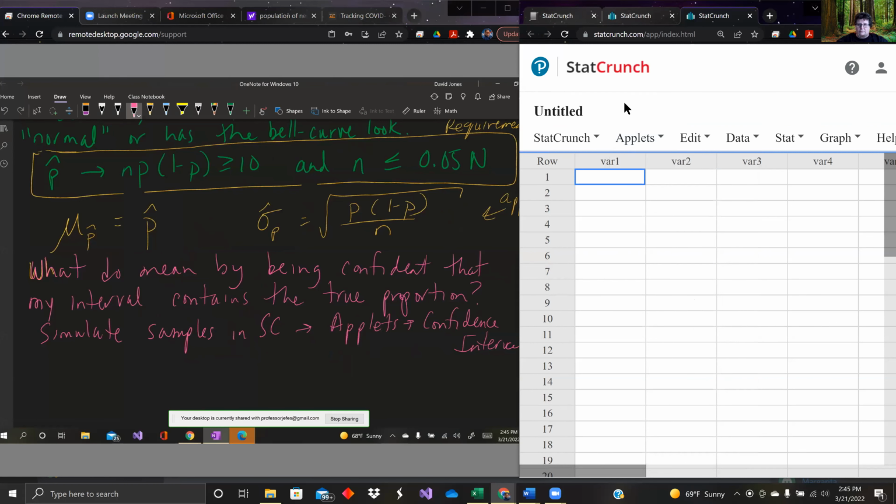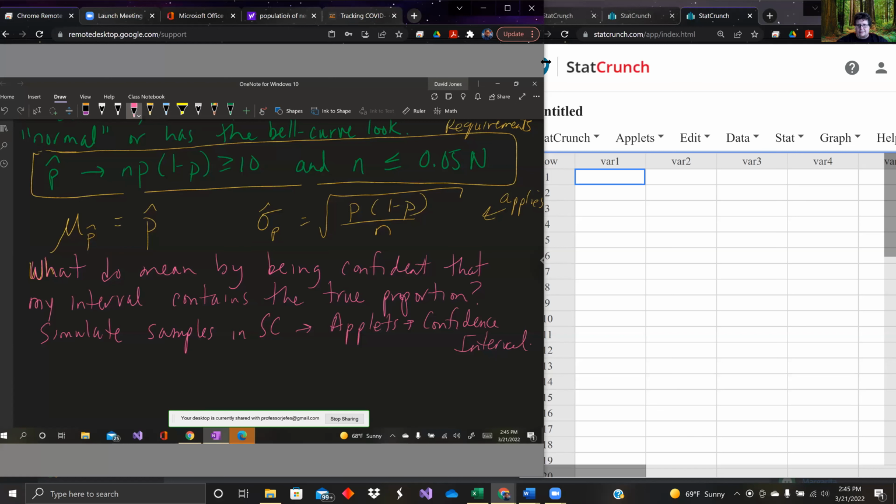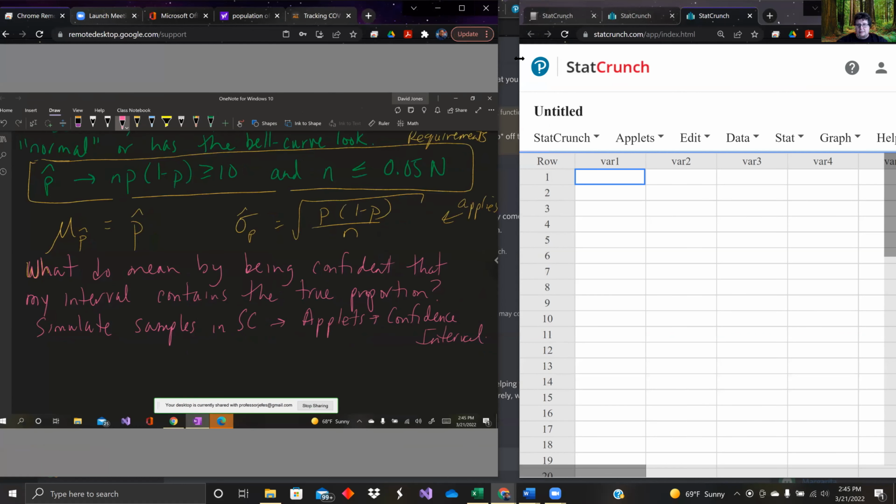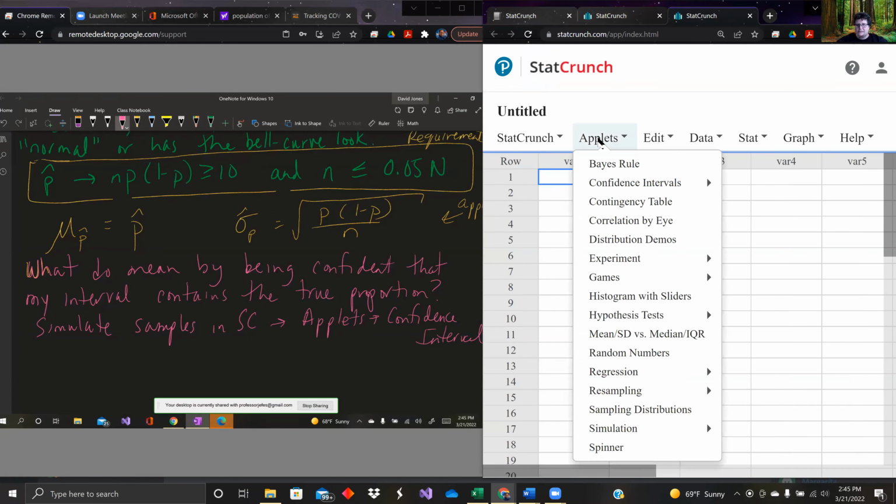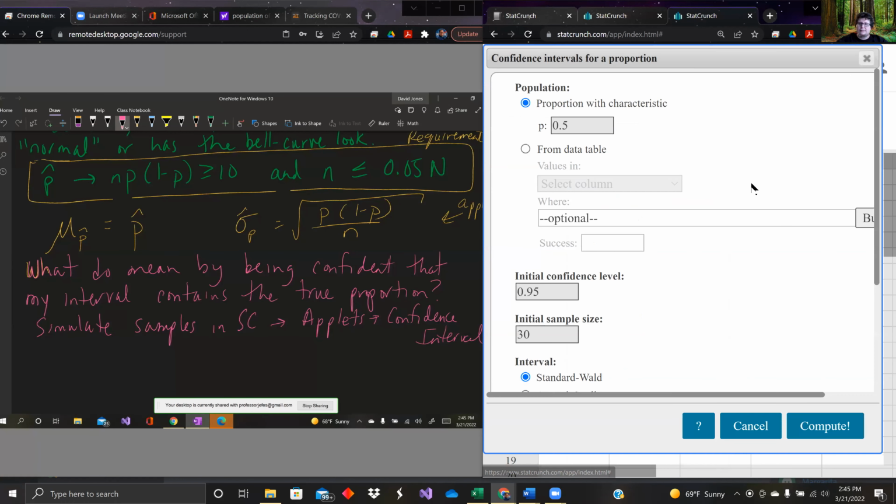So I'm going to come over here. Applets, confidence intervals. We're going to do a proportion today. For the scenario I completely fabricated, we had a proportion of 0.58, and I want a confidence level of 0.95, which would be 95%.